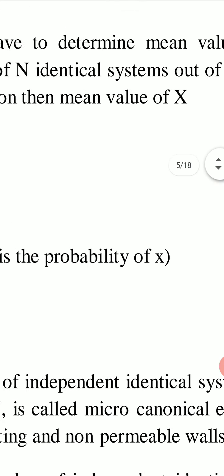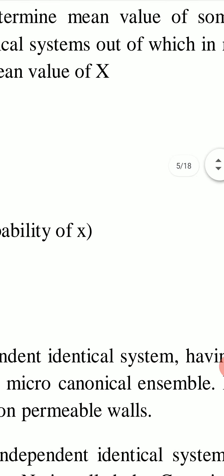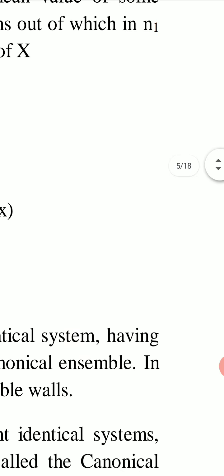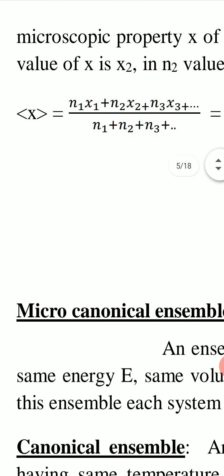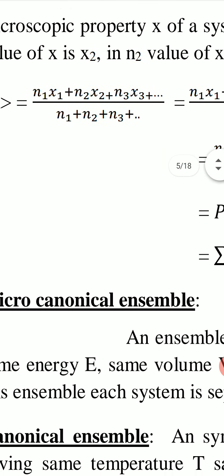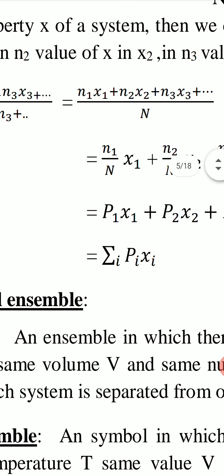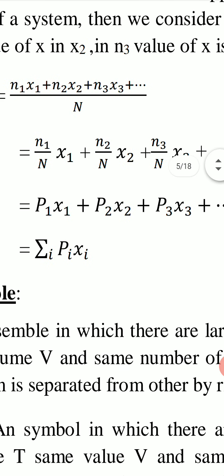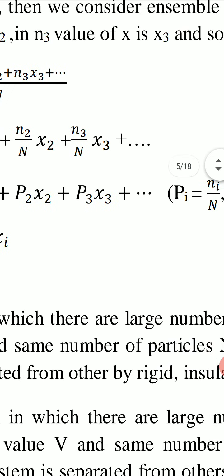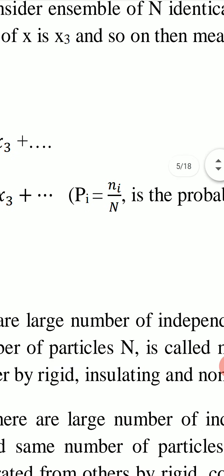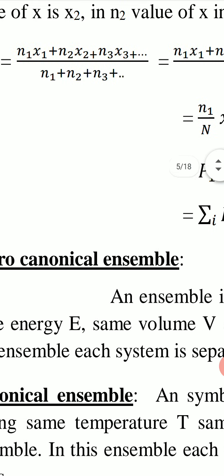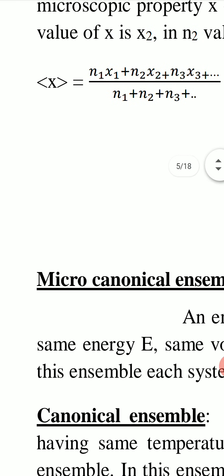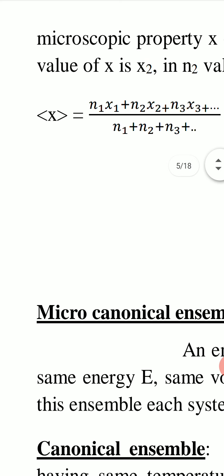So we have capital N identical systems, out of which in N1 the value of X is X1, in N2 the value of X is X2, in N3 the value of X is X3, and so on. Then the mean value of X is given by this relation.